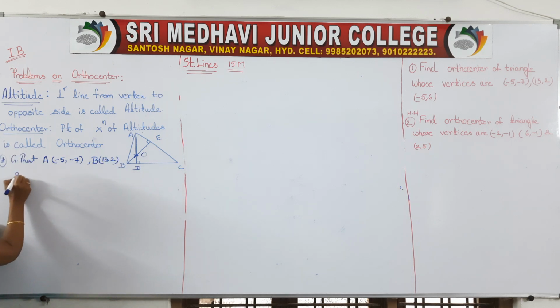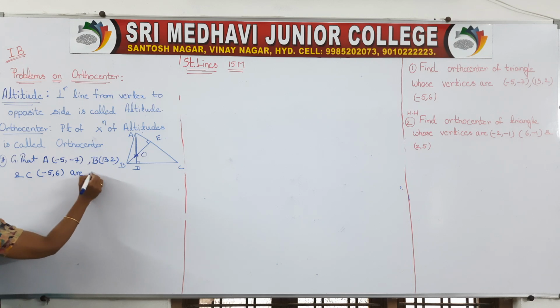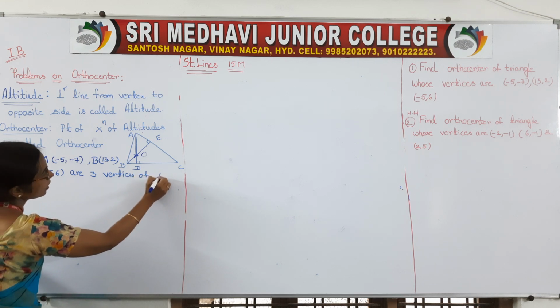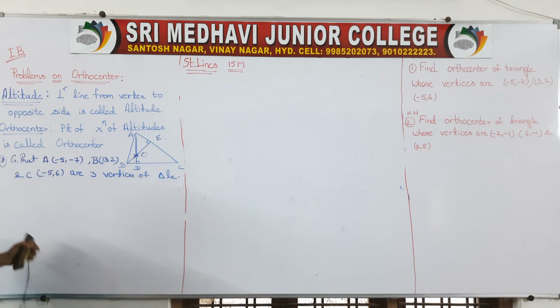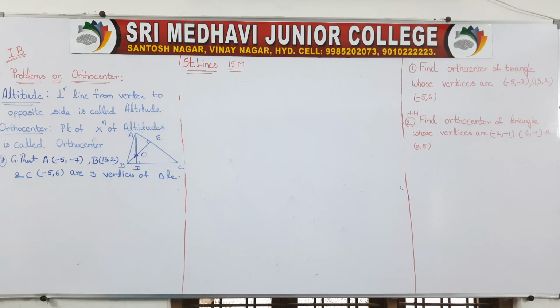And C is equal to minus 5, comma 6. These are the 3 vertices of the triangle, the given information. Let me check clearly, is it minus? Yes, it is minus 7. Otherwise we will get a wrong answer and we are going to lose the 7 marks for this question.